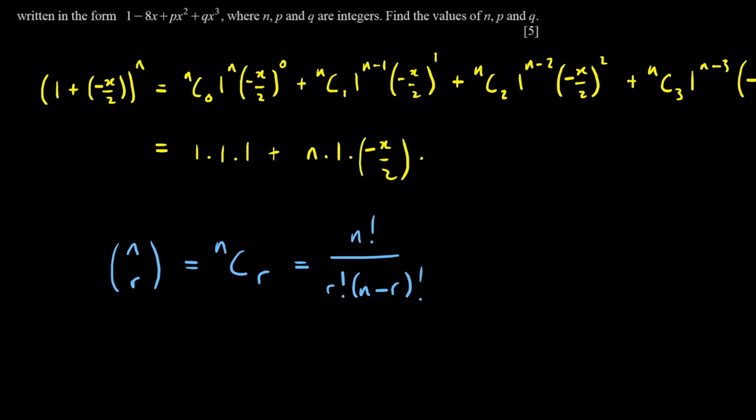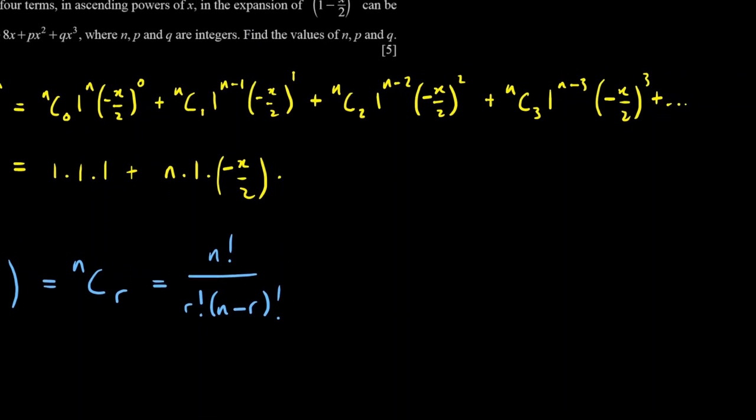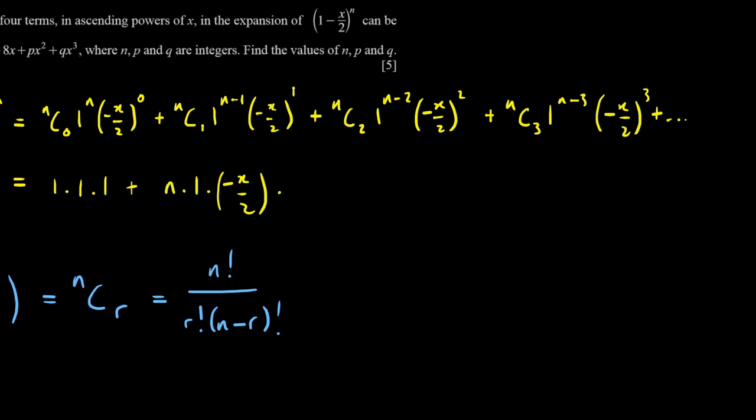So what I can write here is, instead of nC2, n factorial over 2 factorial times n minus 2 factorial. And then 1 to the power n minus 2 is just 1. And then negative x upon 2 squared is going to be positive x squared upon 4.